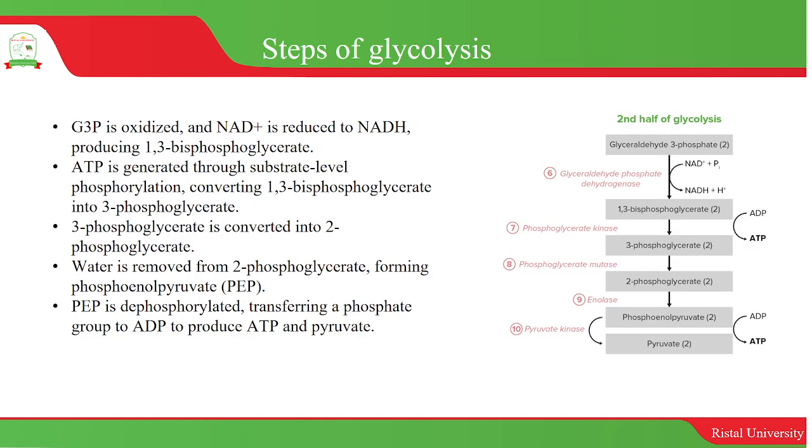Now, moving into the second phase of glycolysis. The first one is the conversion of glyceraldehyde 3-phosphate into 1,3-bisphosphoglycerate. This conversion is catalyzed by the enzyme glyceraldehyde phosphate dehydrogenase.